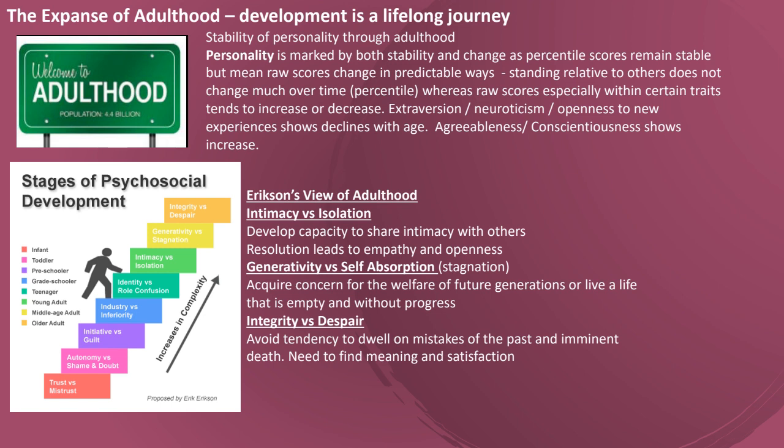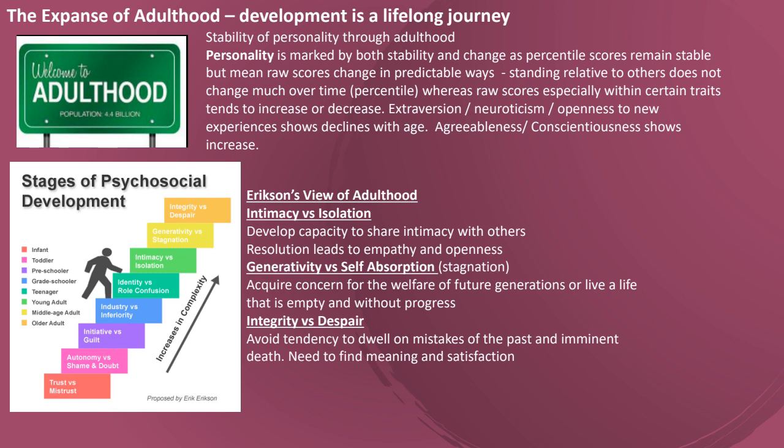So we have to get to a point where we are able to look after ourselves, provide for our well-being, see the world as a better place, and be able to contribute to it as being a better place. And as we get into our older age, we have integrity versus despair. We have a tendency not to dwell on the mistakes of the past, or look at our imminent death.